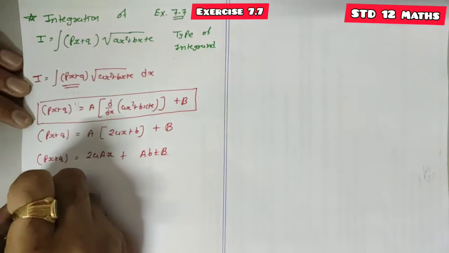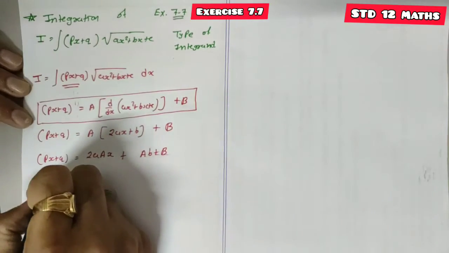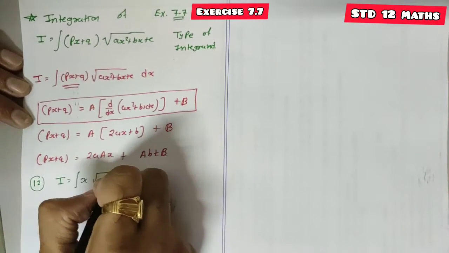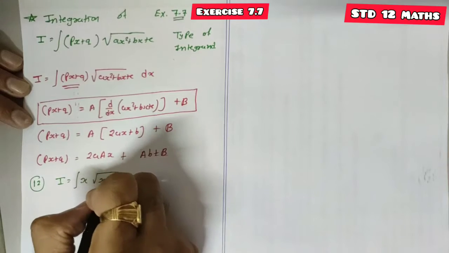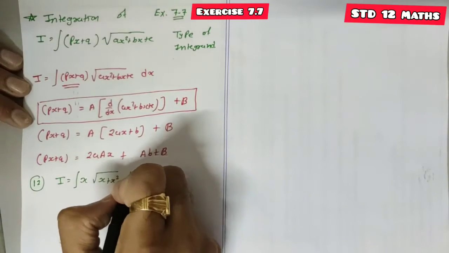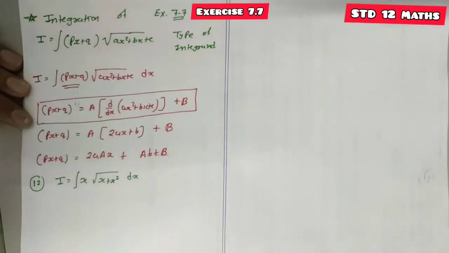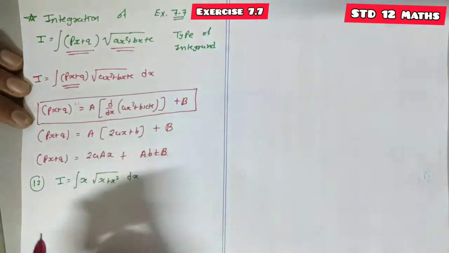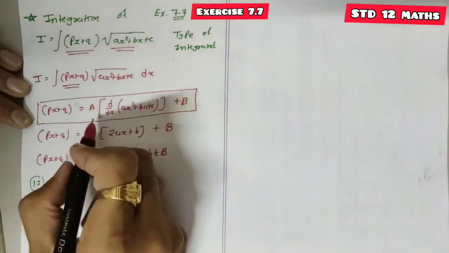So now, question number 12. Integration I is x into square root of x plus x square dx. What you have to do? You have to write this bracket in terms of this ax square plus bx plus c by using this formula.